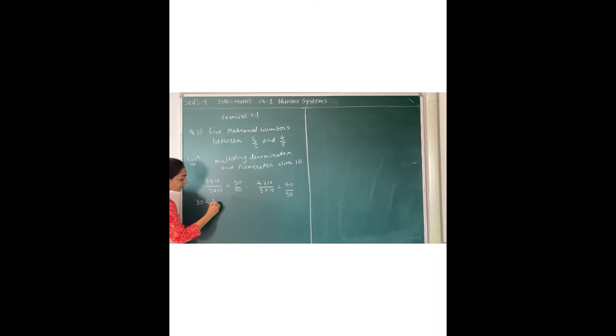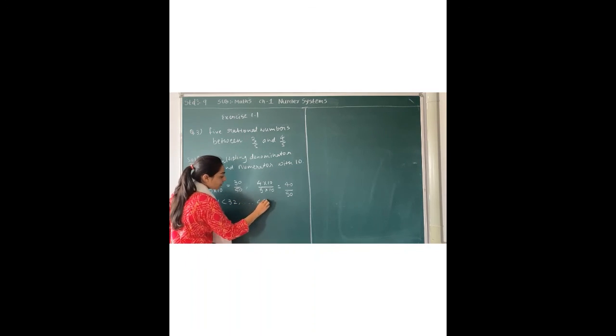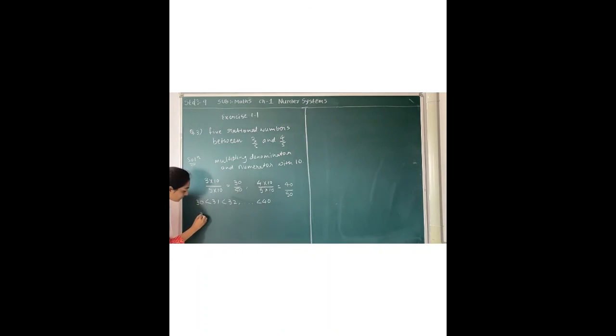The next one is 31, the next one is 32, and so on up to 40. We have to find the rational numbers between 3 by 5, which is nothing but 30 by 50, and 4 by 5. The next ones are 31 upon 50, 32 upon 50.